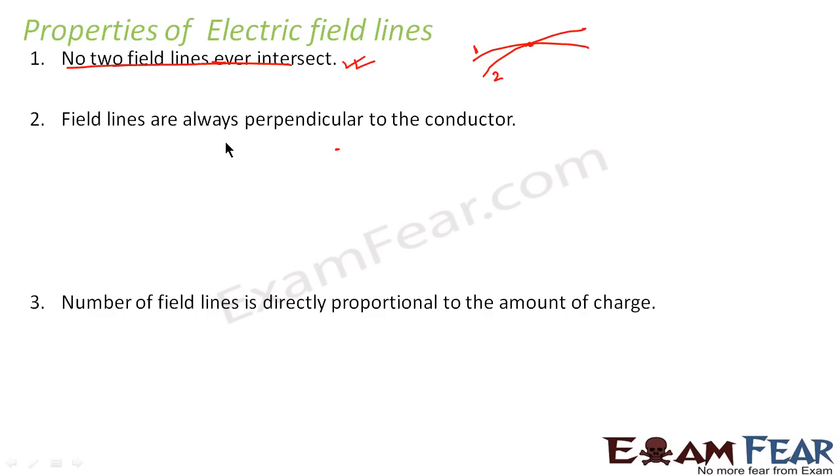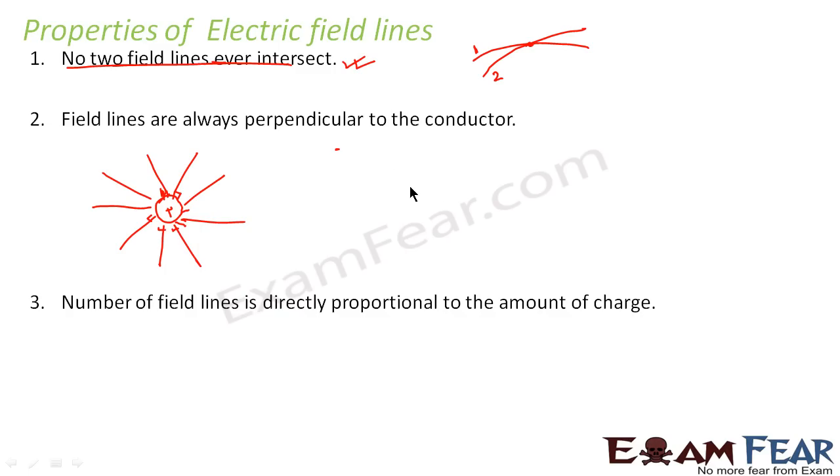Okay, so the next property says field lines are always perpendicular to the conductor. Let us suppose this is my conductor, a positive conductor. The way the field lines originate from the conductor, they will always be perpendicular to the surface of the conductor. At each point, the field line will be perpendicular to the conductor.